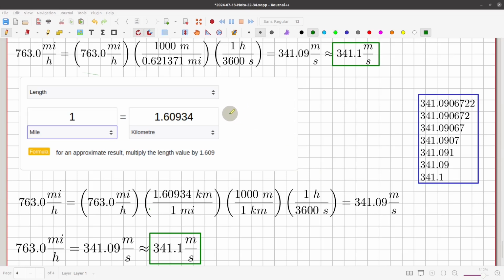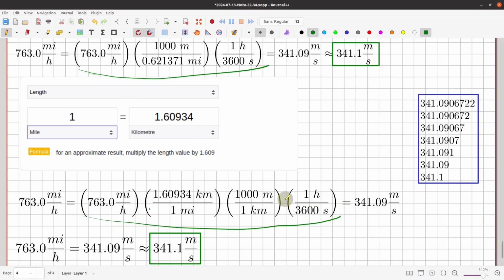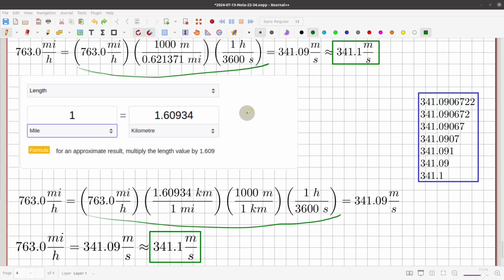I hope this cleared up any confusion about direct and chain conversion methods, significant figures, and rounding. Remember, using more precise conversion factors will generally lead to more accurate results.